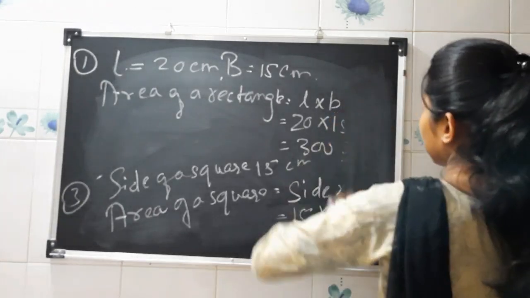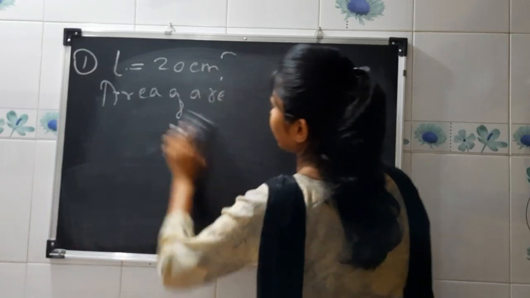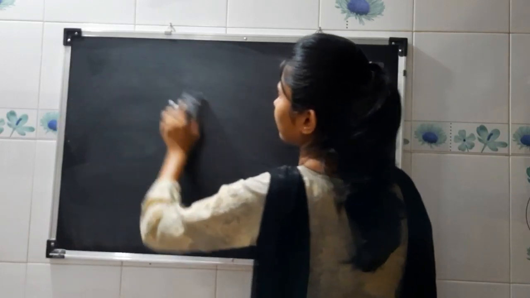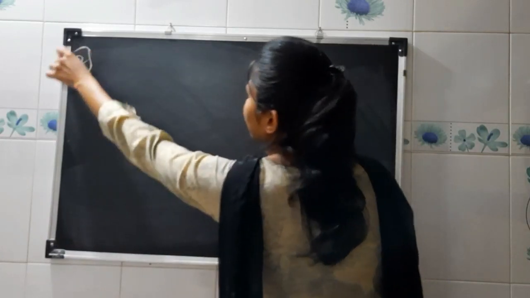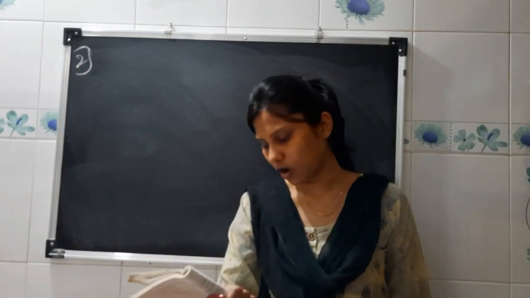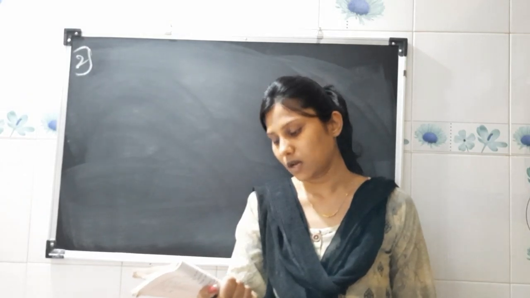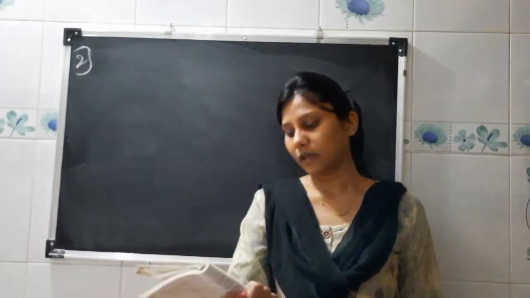Okay, so next, have a look at the second example. A wall that is 4 meter long and 3 meter wide has to be painted. If the labor charges are rupees 25 per square meter, what is the cost of labor for painting this wall? They have given you the length and breadth of the wall which has to be painted.